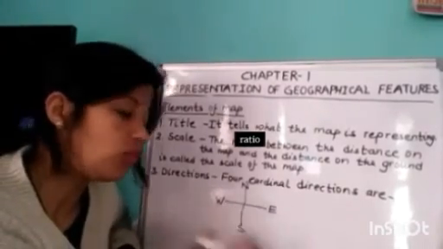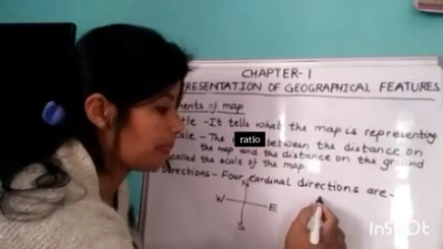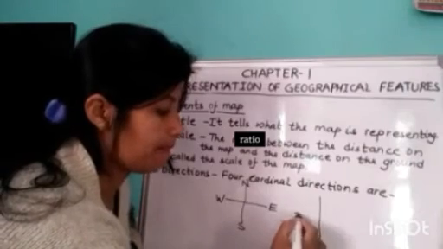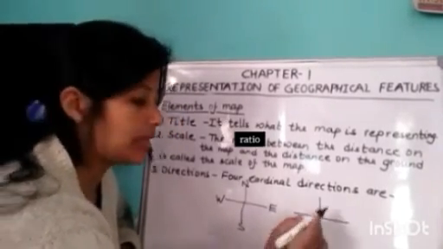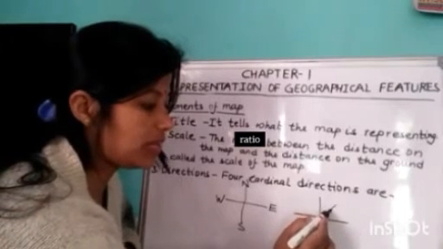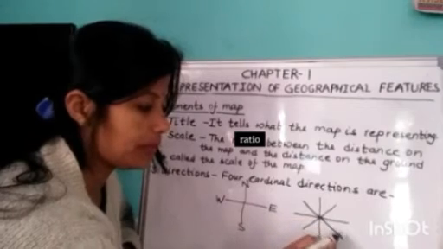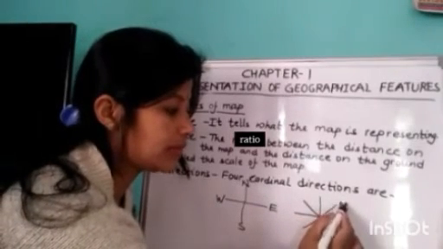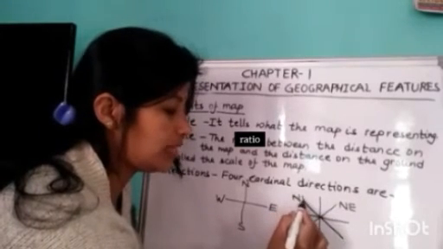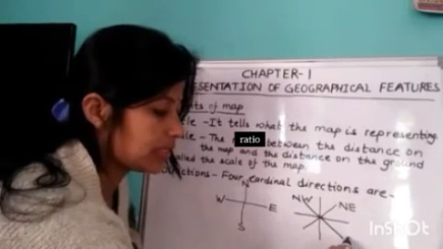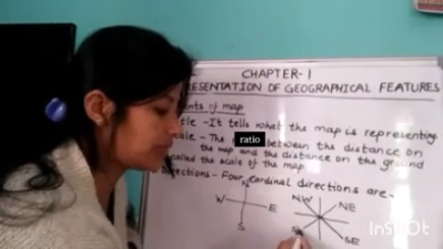Okay. One more thing is there, sub-directions. This time I am not drawing the main directions. Sub-directions or intermediate directions are called northeast, northwest, southeast and southwest.